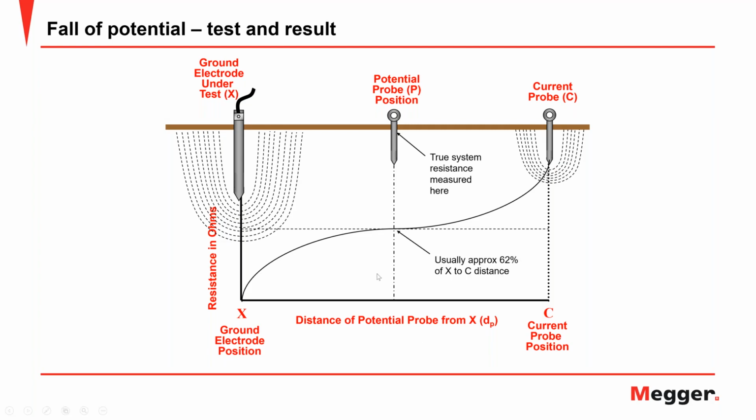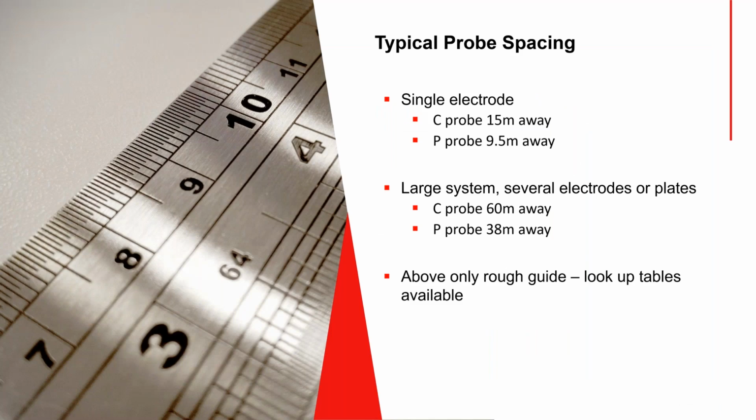And you will see in the literature very often 62%. We won't go into that today, but if you take the webinar on the different methods, then we'll elaborate on that more fully. Now the next question becomes, okay, how far out should my probe be?